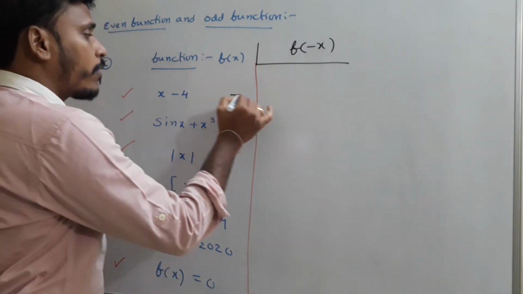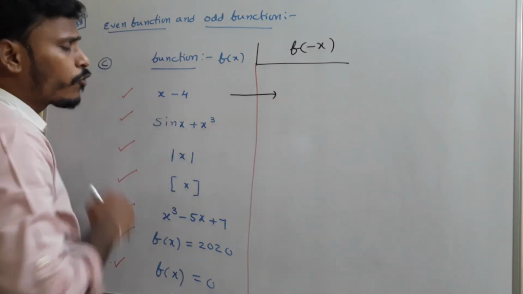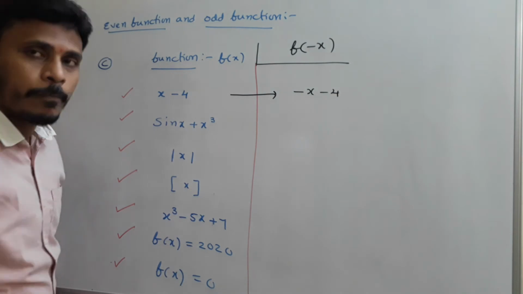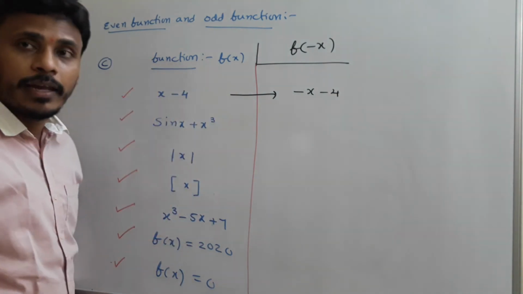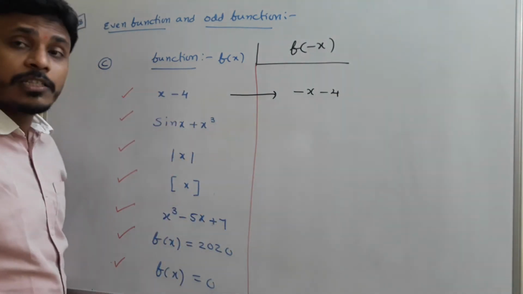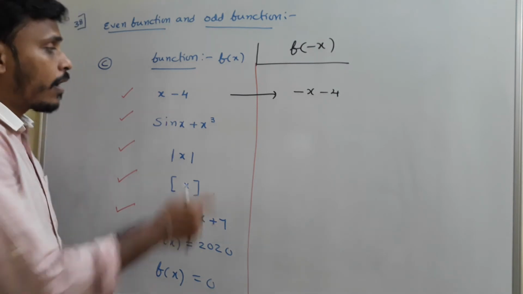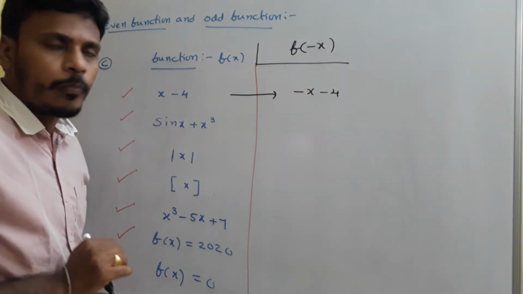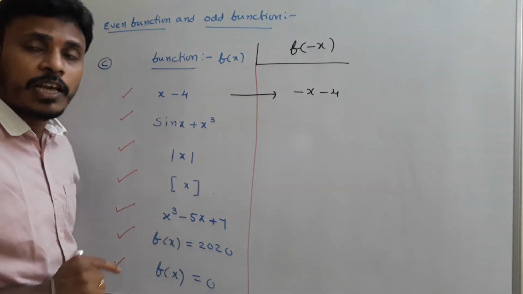So for the first function, if you replace x with minus x, it becomes minus x minus 4. Is this directly equal to f of x? Exactly no. Is it equal to minus f of x?